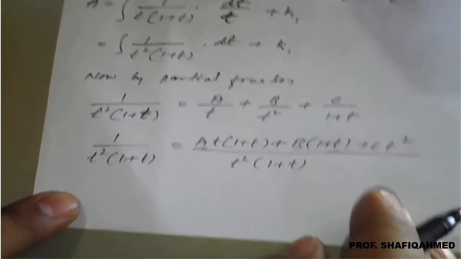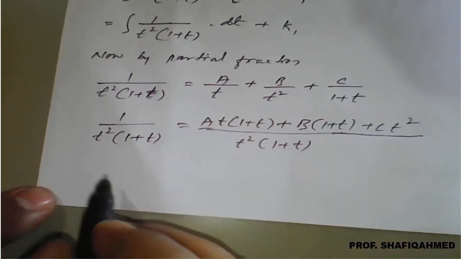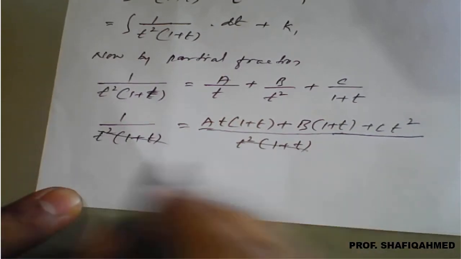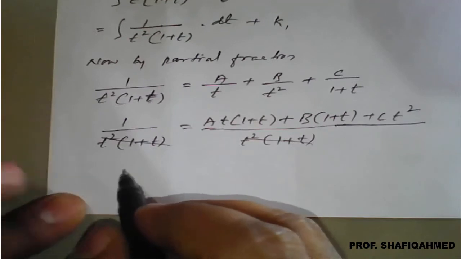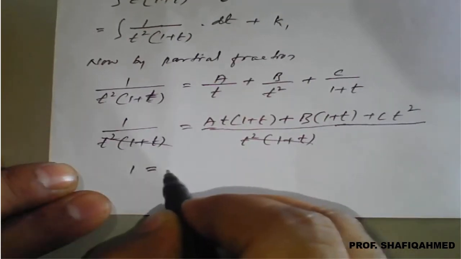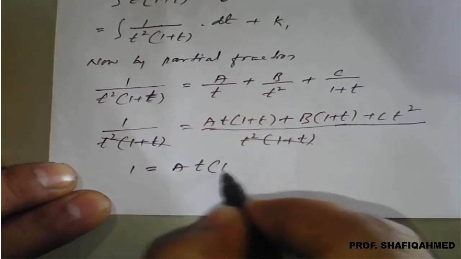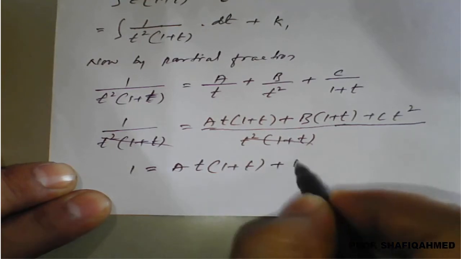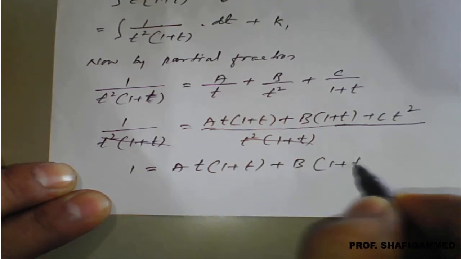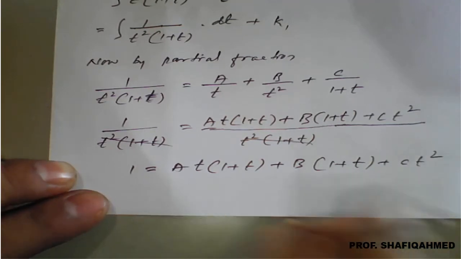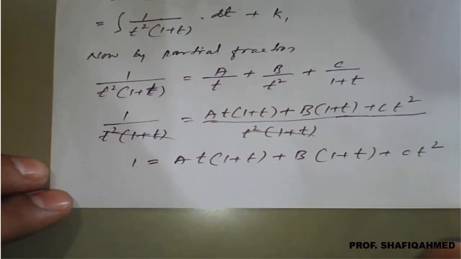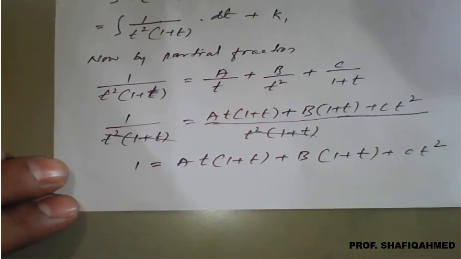So we need to find the values of a, b, c. This denominator cancels, we have left with what here? 1 equal to a into t of 1 plus t plus b into 1 plus t plus c into t square. So here we need to put the value of t and we have to get the values of a, b, c.